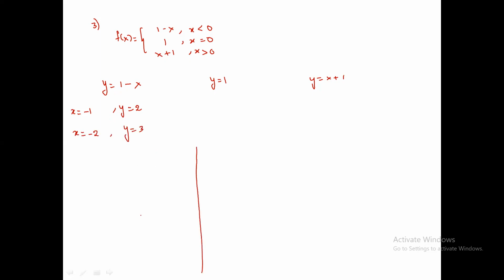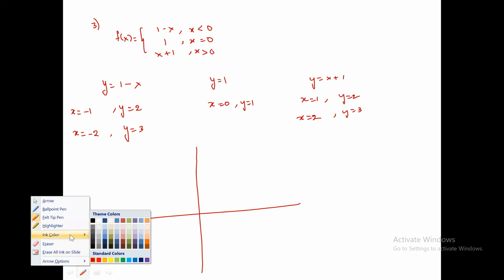If x is -2, y will be 3. So if you draw the graph, we have to mark these points. Next, here x is 0, y is 1. Here x has to be greater than 0. If x is 1, y is 2. If x is 2, y is 3, like that. So we can plot the points.